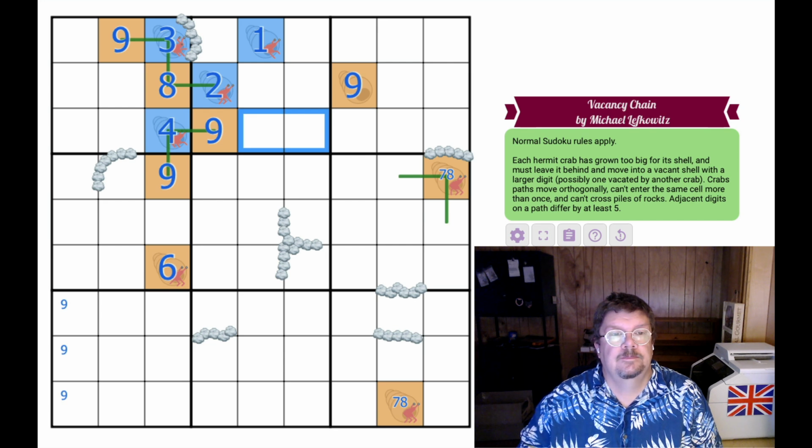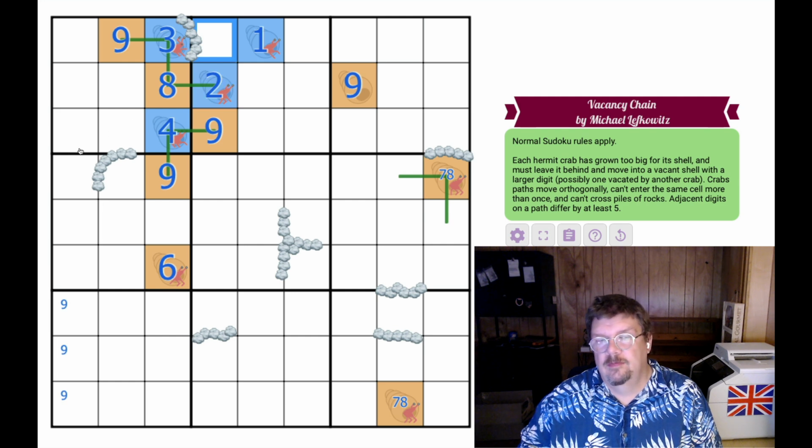Okay. So yeah, this is either going that way or that way. Now, how does the 3 get to 4? It can't get to it from over here.